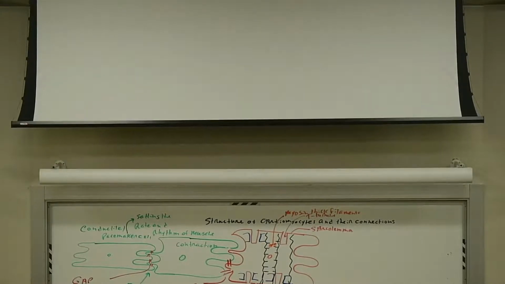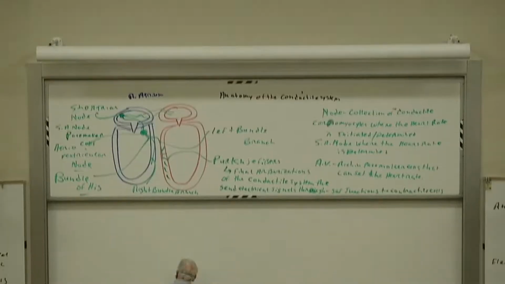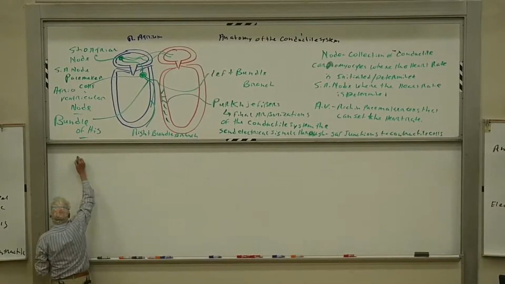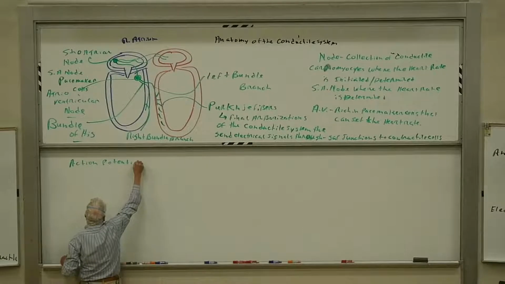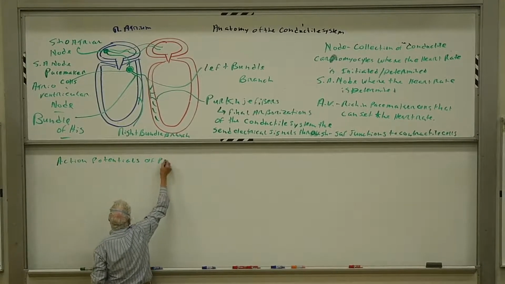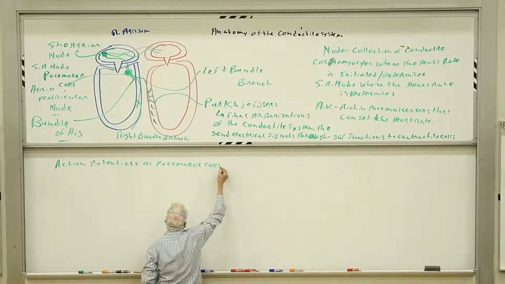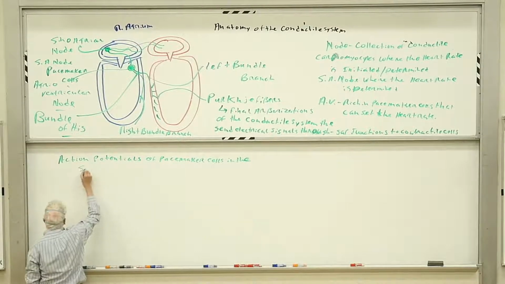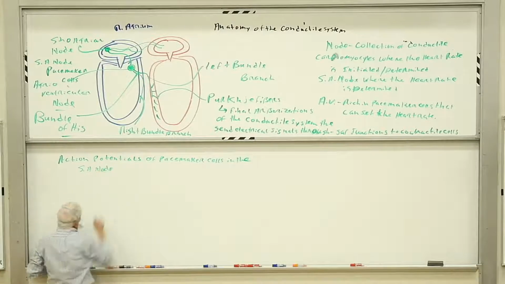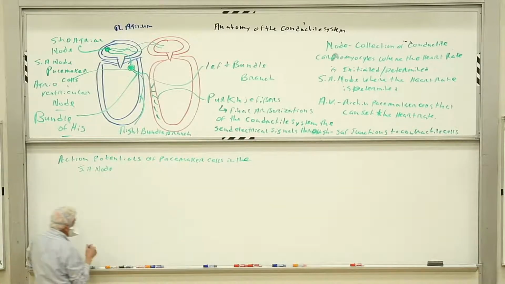We're going to start out here in the SA node, and I'm going to label this as action potentials of pacemaker cells in the SA node. We could pretty much make the same drawing for action potentials in the AV node. It's just that they're a little slower coming on. But there's a particular shape of this action potential I want you to recognize.